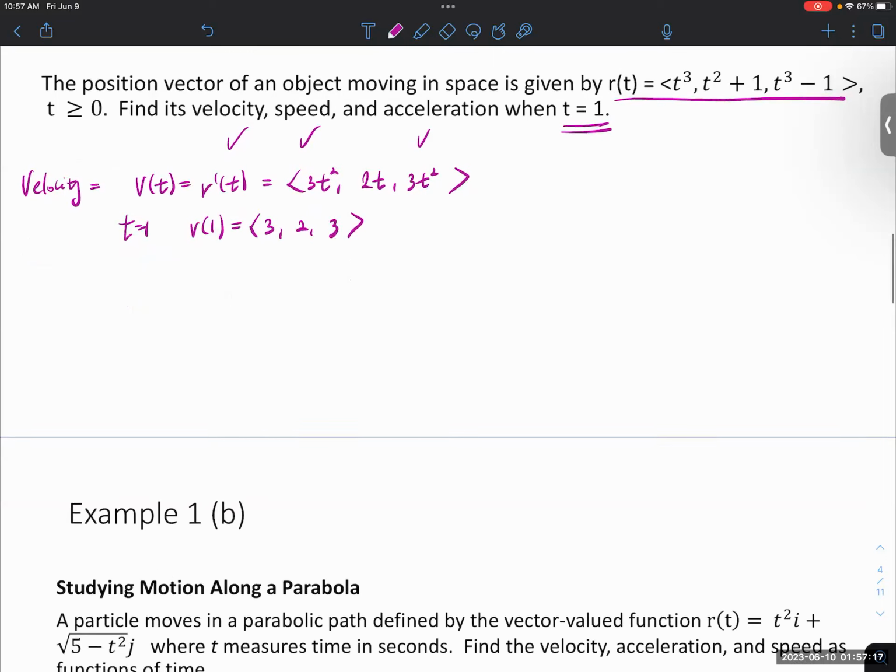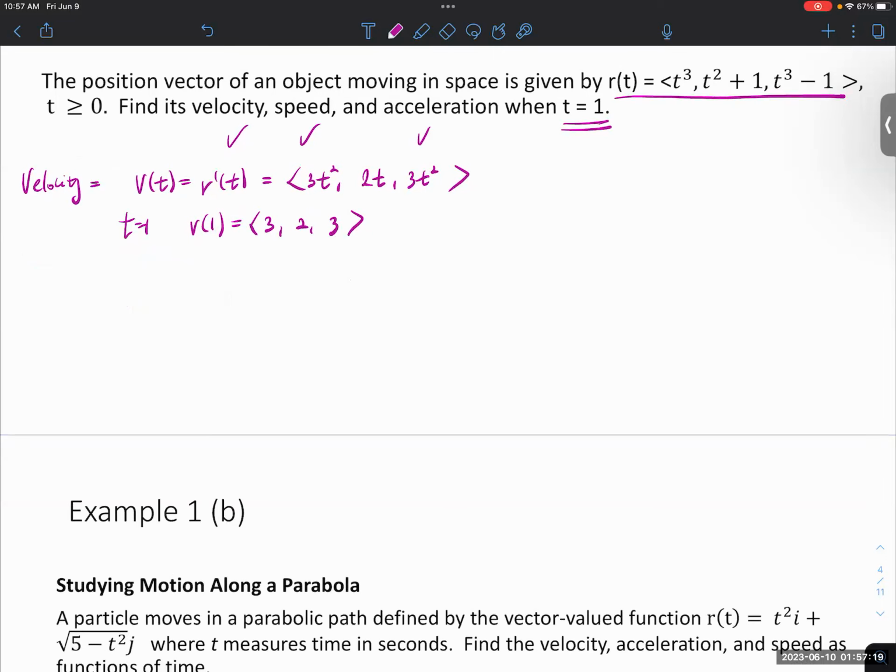Now we can find the speed, which is the magnitude of the velocity: 9 plus 4 plus 9, so the square root of 22 is the speed.